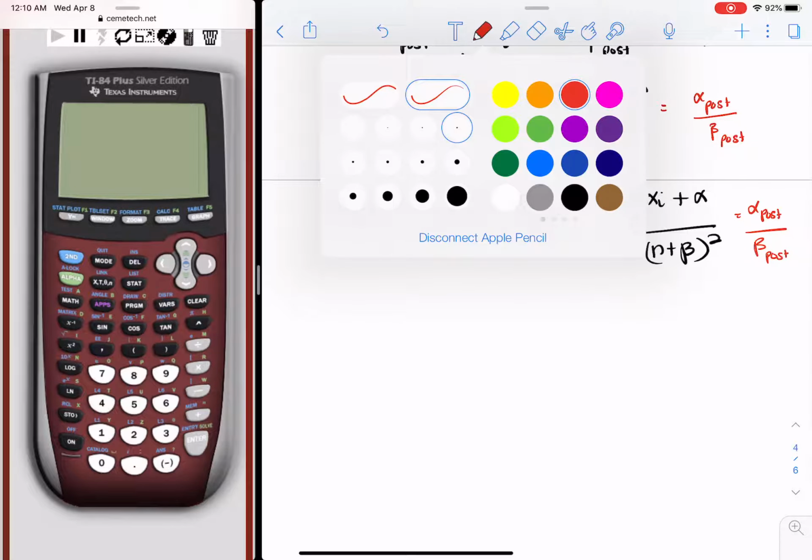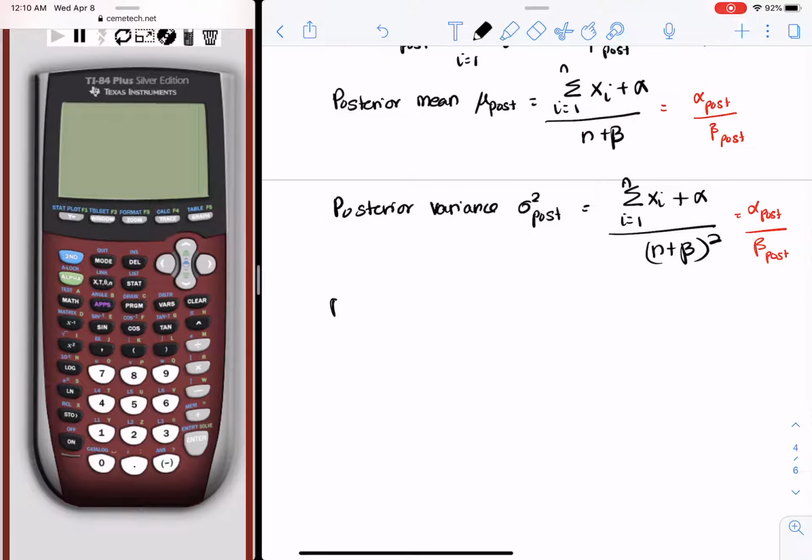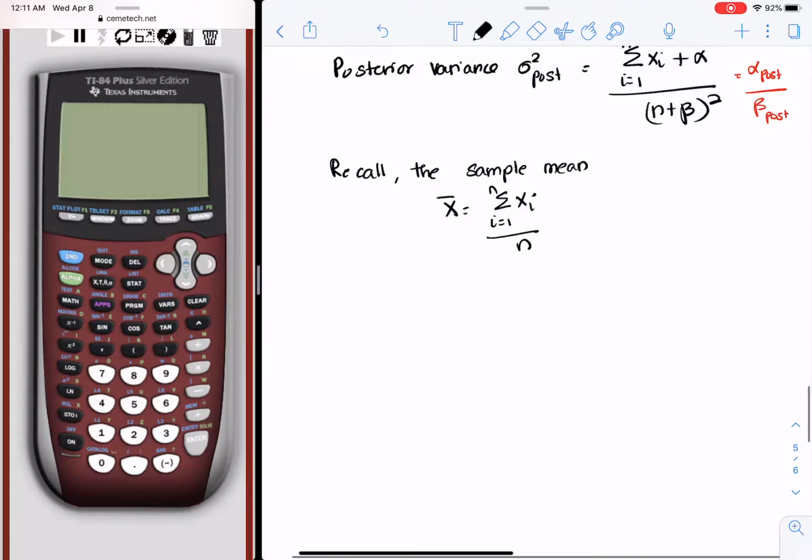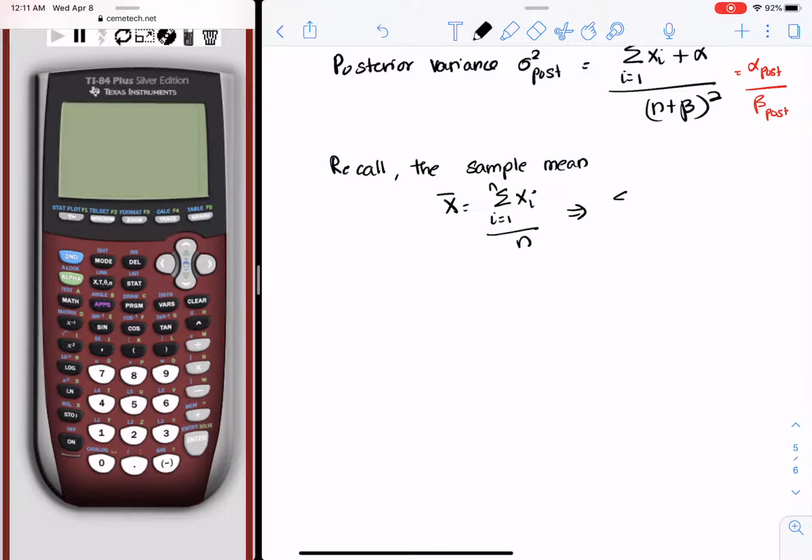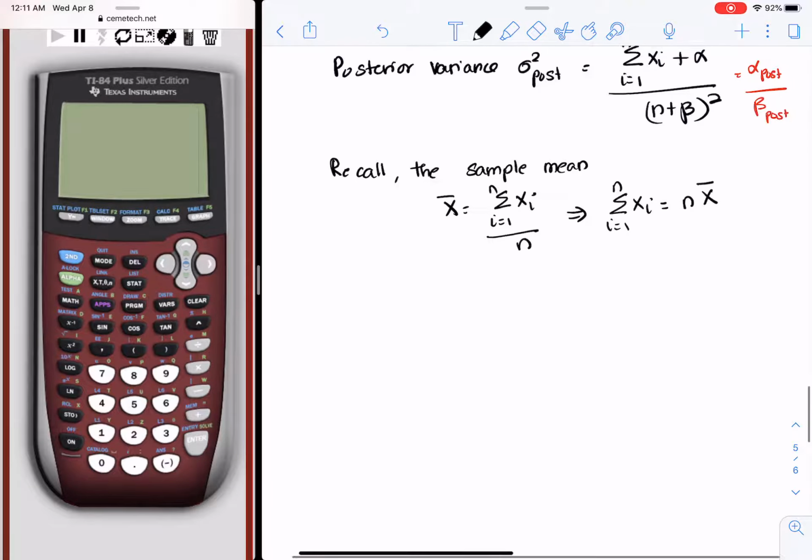So we all know that the sample mean x bar is the sum of all x values divided by n. So which would imply the sum of all x values would be equal to n times x bar.